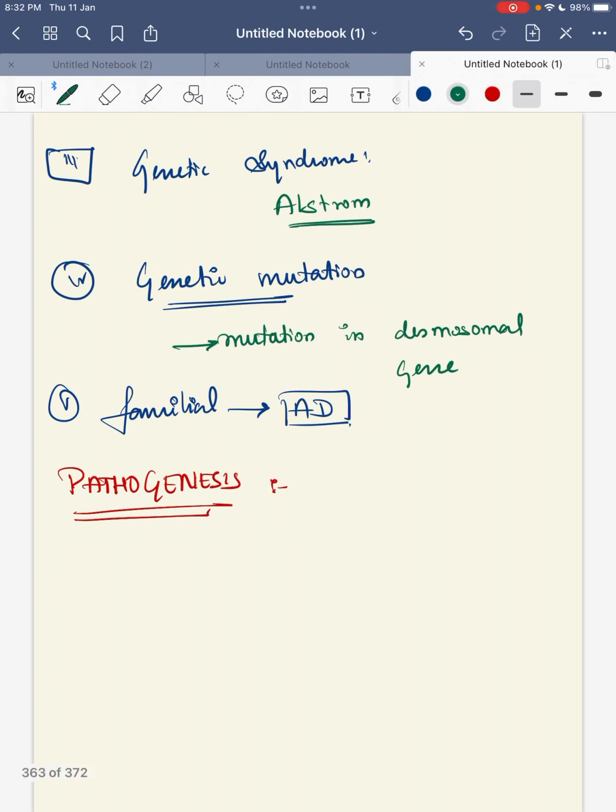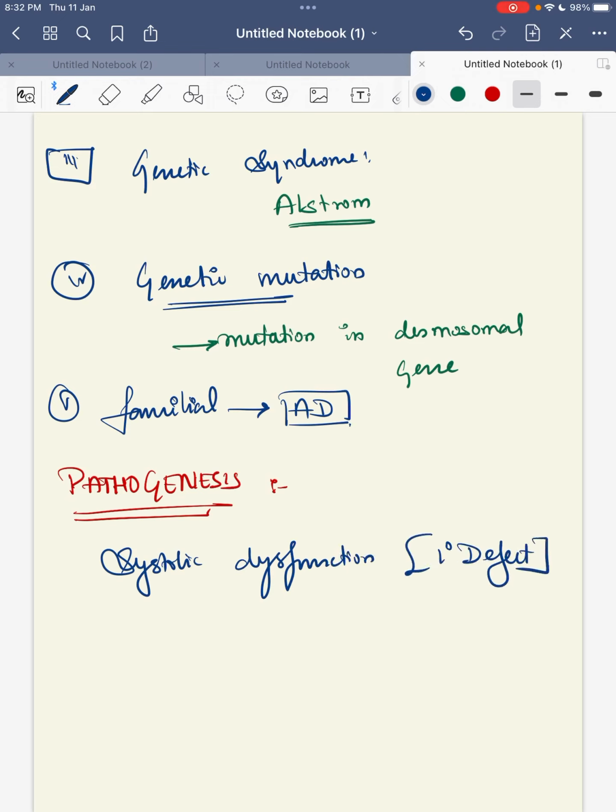In pathogenesis, the main defect in dilated cardiomyopathy is systolic dysfunction. Systolic dysfunction is the primary defect. As the name suggests, there will be dilation of both the right ventricle and left ventricle.